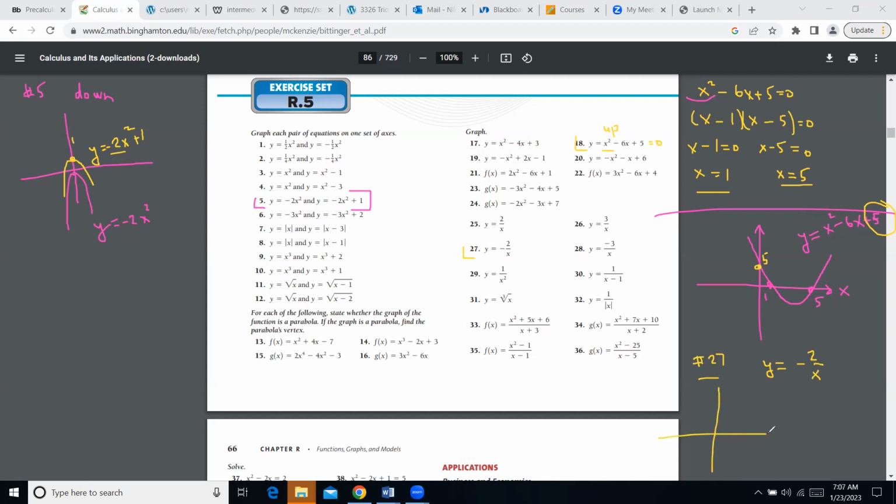It turns out this comes from the family of graphs of so-called hyperbolas, so 1 over x, right? Since I have a negative sign in front of this, the picture will reflect through the x-axis. So the graph is going to be a pair of these pink branches of the hyperbola if you put a negative in front of it.